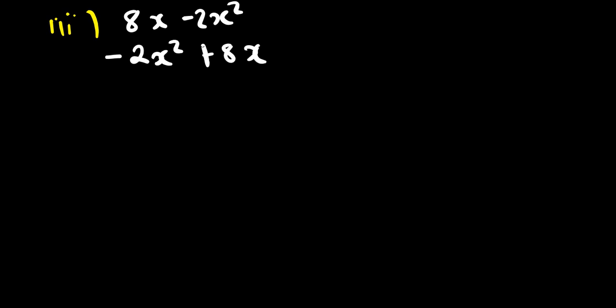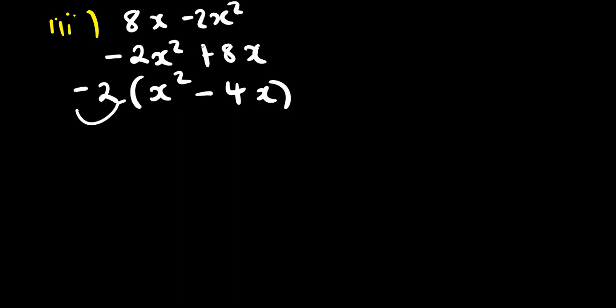We factor out the negative 2, remaining with x squared minus 4x. Hope we are cool, because when we multiply the 2 with everything, it should take us back to where we are coming from.